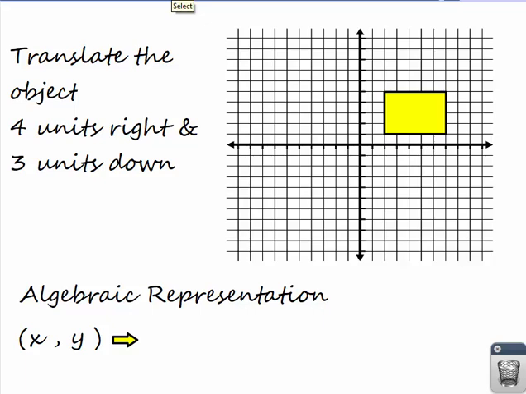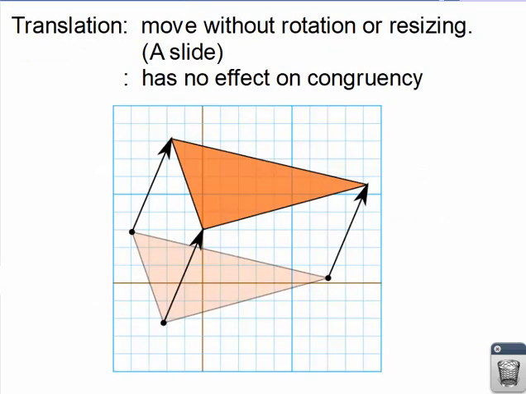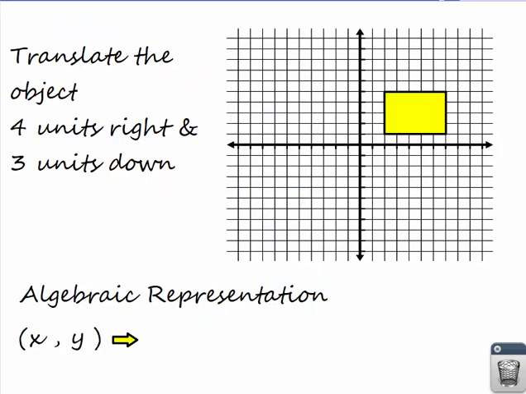Well, when we look back at the definition of translation, it means that I'm just going to slide the figure. We'll slide it around. That's all it means. So I'm going to take this figure here and slide it 4 units to the right, 1, 2, 3, 4, and then 3 units down.